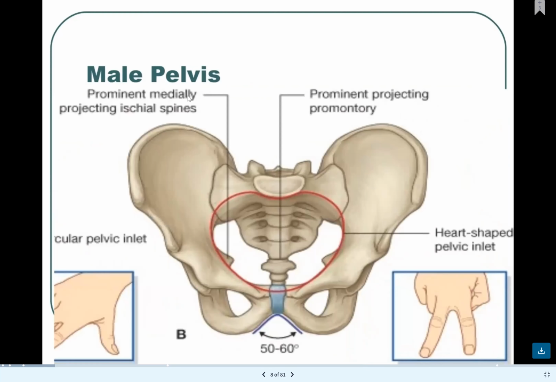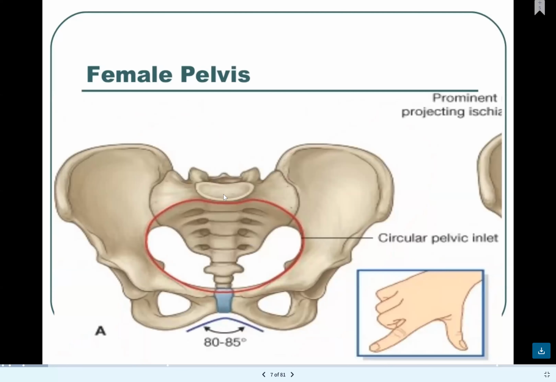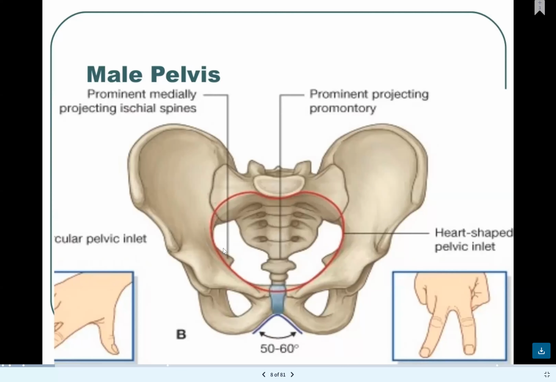Now, when we take the male inlet, we can see it is a bit more oval, not as round as the female.